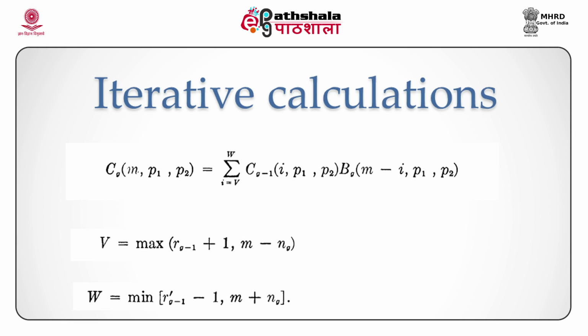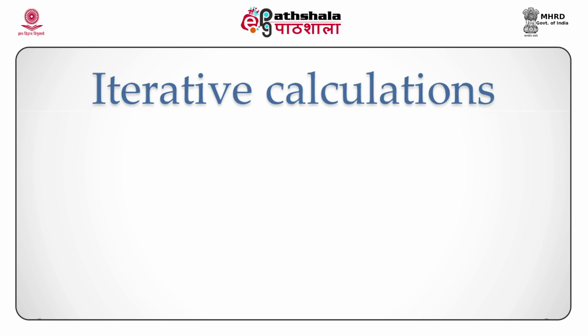Thus, the probability that S1 plus S2 and so on is equal to m at the Gth stage is the probability that it is equal to i times the probability that the remainder is equal to m minus i, summed over all eligible values of i and m minus i.